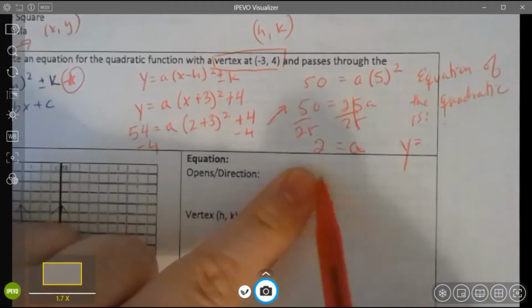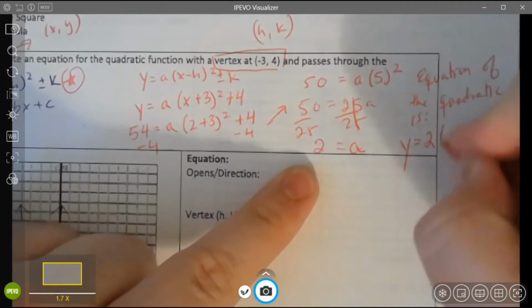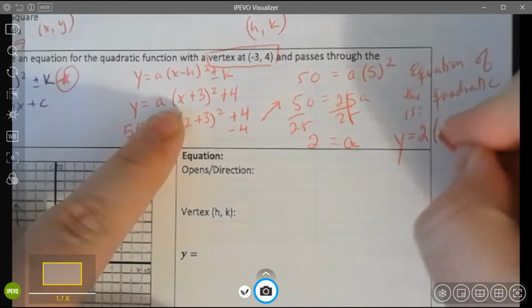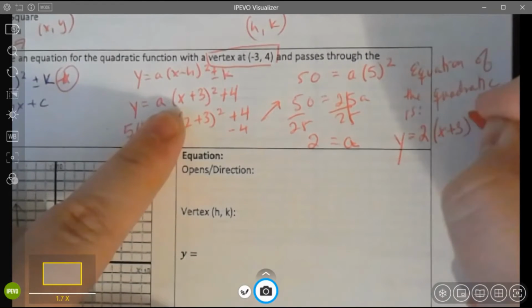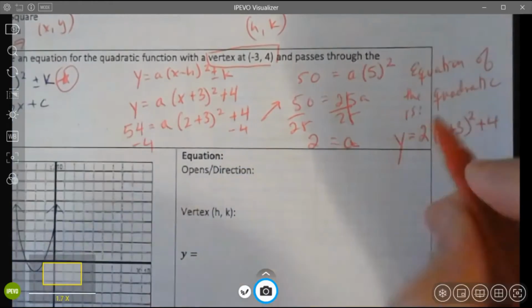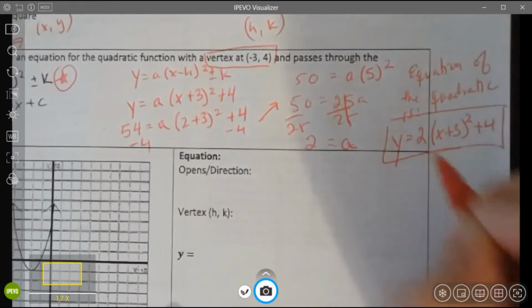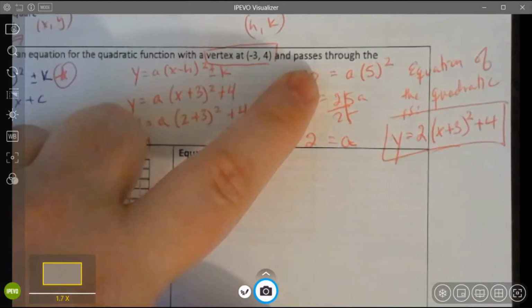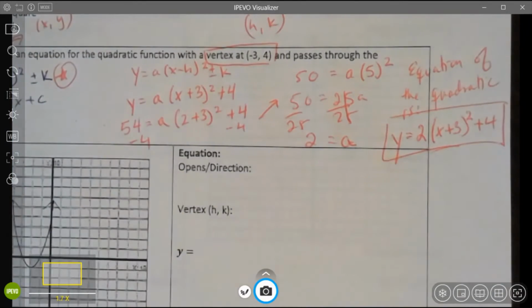We said a is 2. Then everything else is going to stay the same. So times (x + 3) squared, and then plus 4. So this is the equation of the quadratic that has a vertex at the point (-3, 4), and also passes through the point (2, 54).